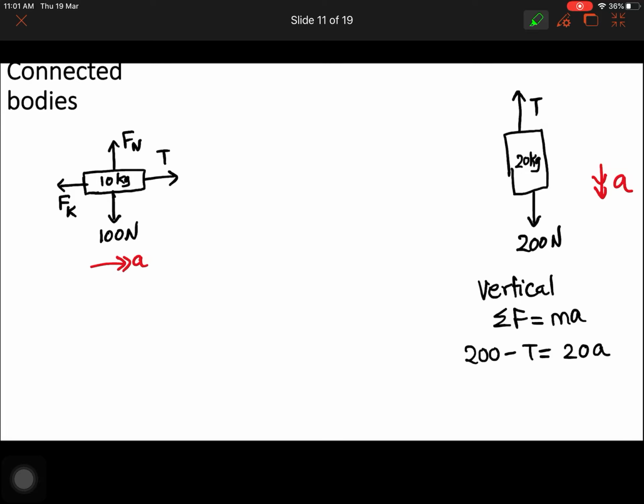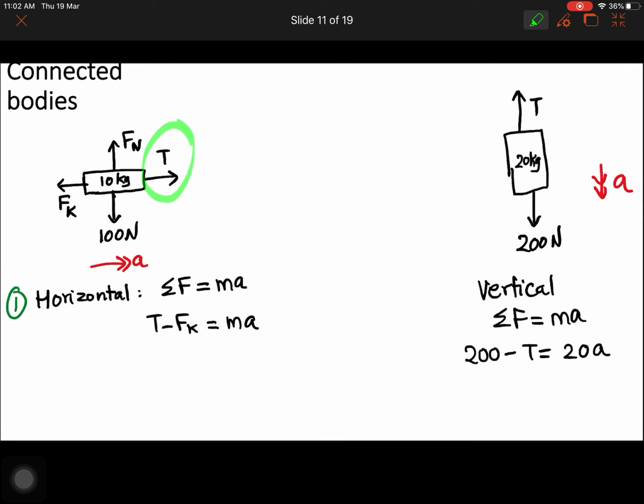So we have got sigma F equal to MA, 200 minus T equal to 20A, whereas for the 10 kg mass, we have got both horizontal and vertical motion. So we are going to start with horizontal. Write Newton's law, sigma F equal to MA, and that will be T minus Fk equal to MA.